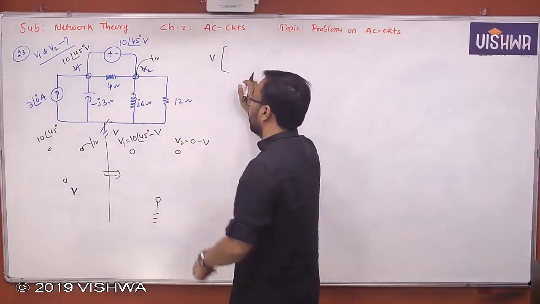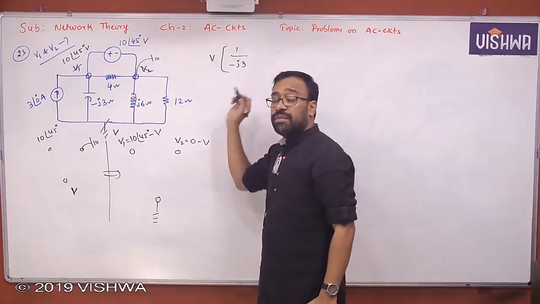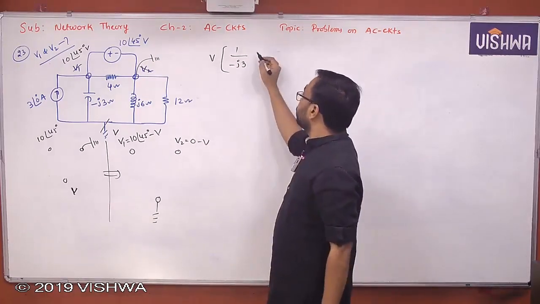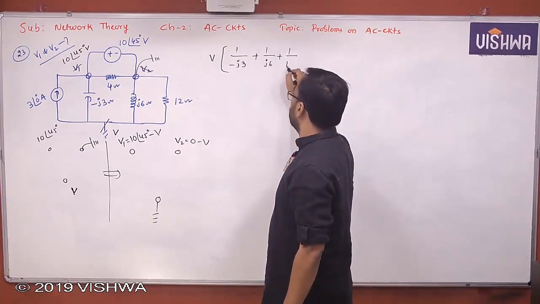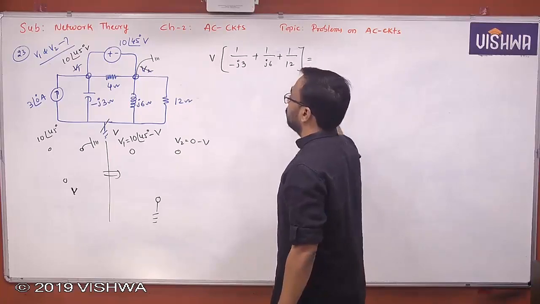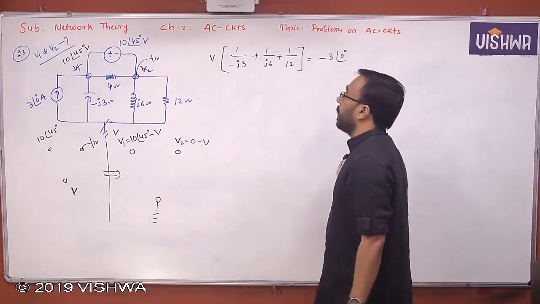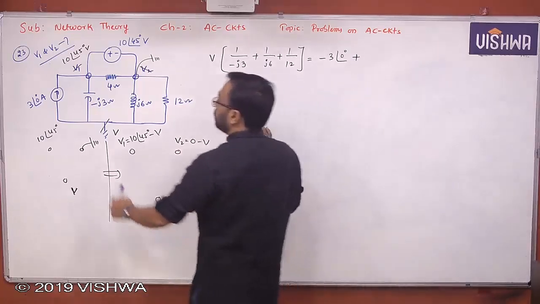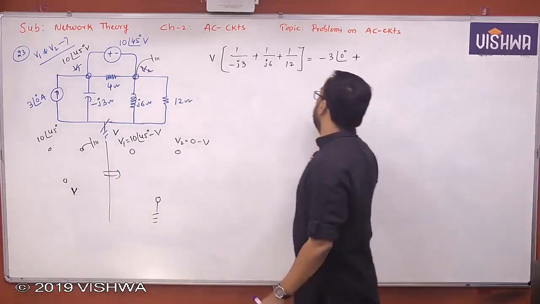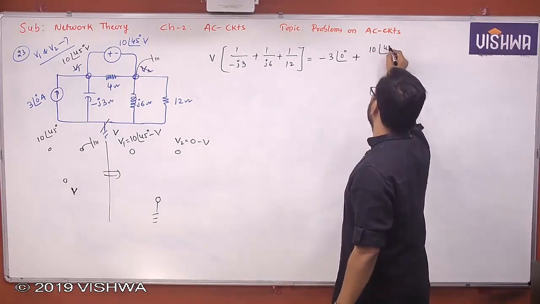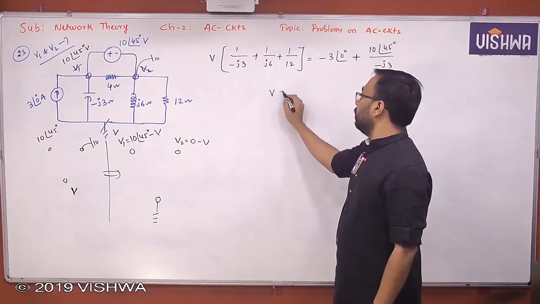But I'm using inspection here. 1/(minus j3), 1/(j6), 1/12 is equal to the leaving current. Usually in inspection, the leaving current is 0 outside. And you also don't neglect this, right? Here 10 at an angle of 45 by minus j3. So solve for the value of V.